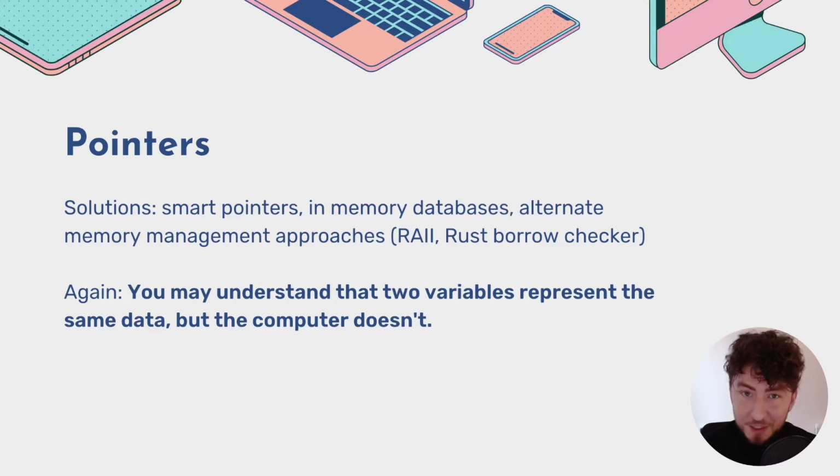But the main thing to remember here is, again, you might understand that two pointers are supposed to be the same, they're pointing to the same thing, but the computer doesn't, right? The computer has no idea that two regions in memory, just because they have identical values, are supposed to be the same. So remember that you have a lot of context that the computer doesn't, and you have to be aware of when you're assuming something that the computer doesn't know.